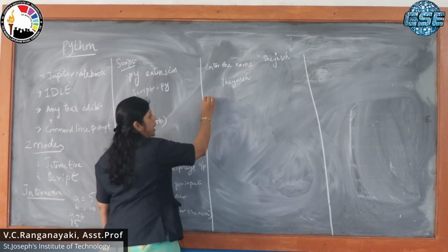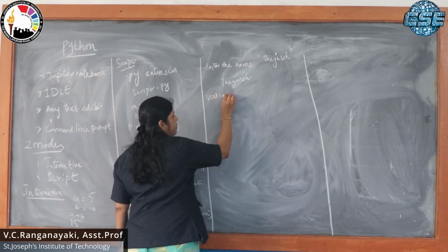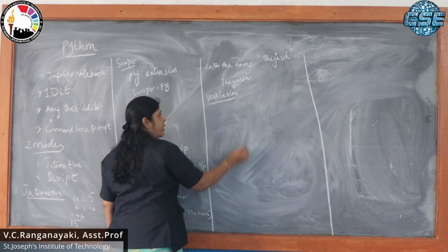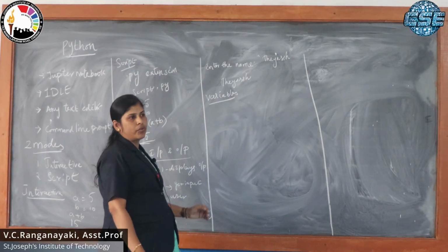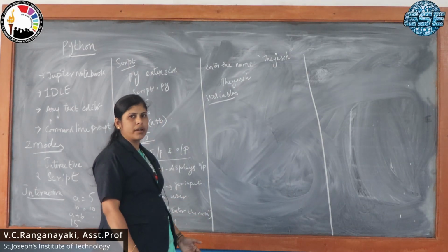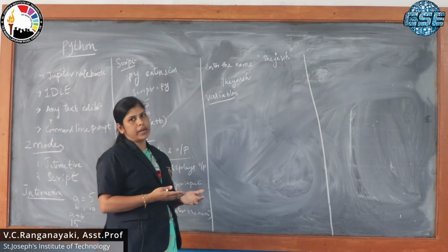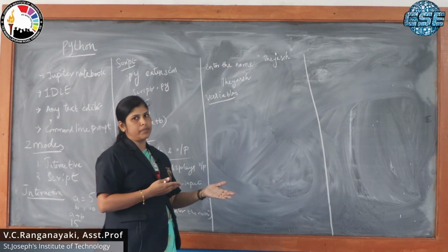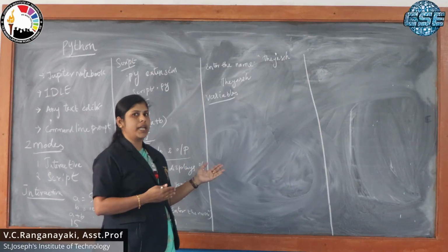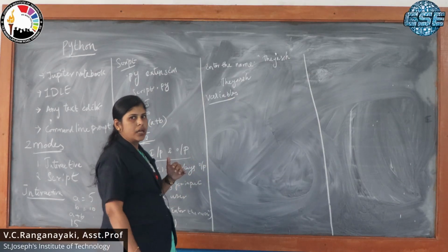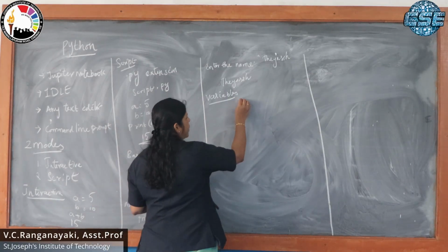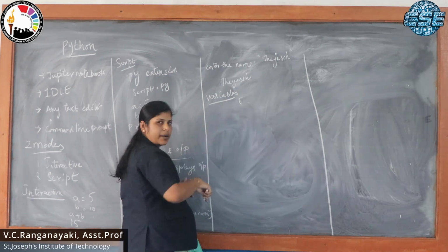Next is variables. Variables in Python. What is the use of a variable? To store a value. Generally we can't give the value straight to the computer memory, right? Through the variable we are storing a value. For example, I want to store the value 5 inside the computer memory.